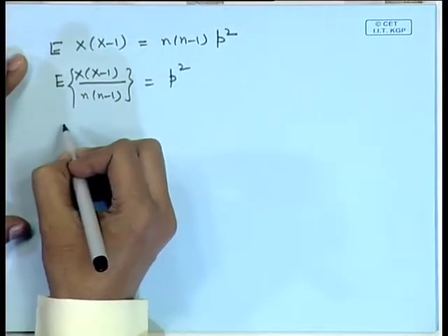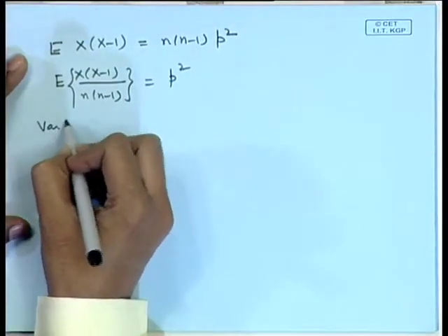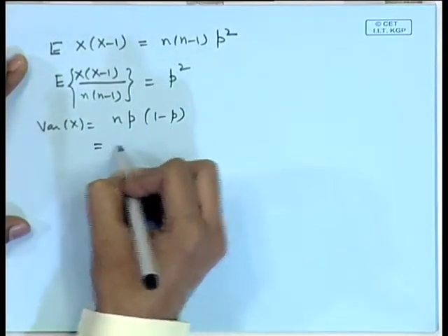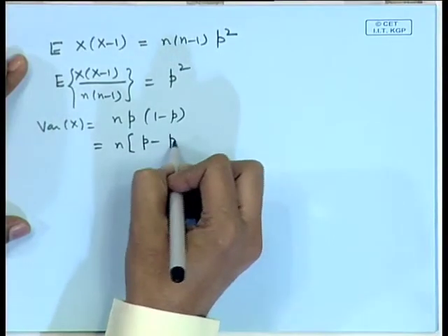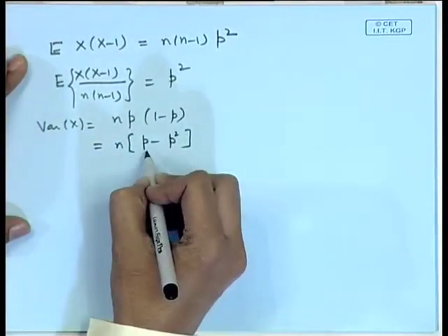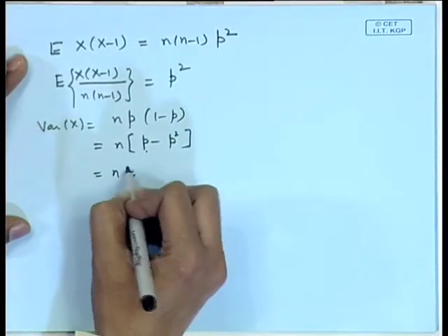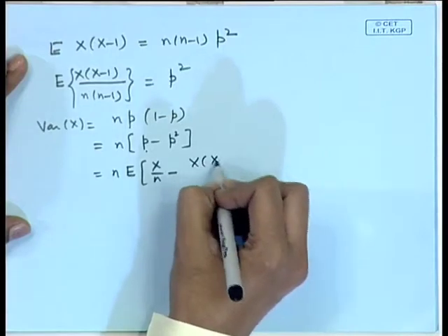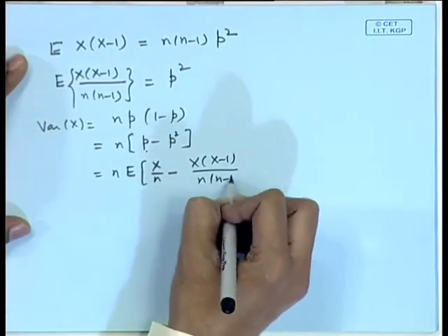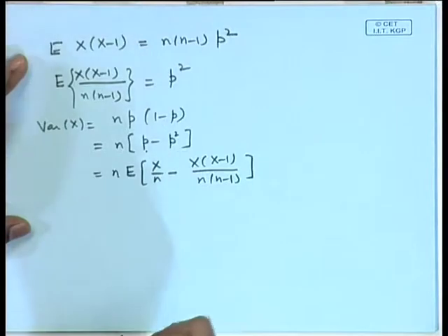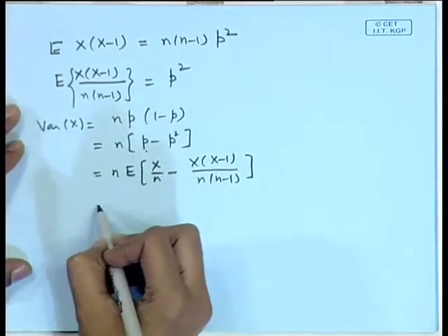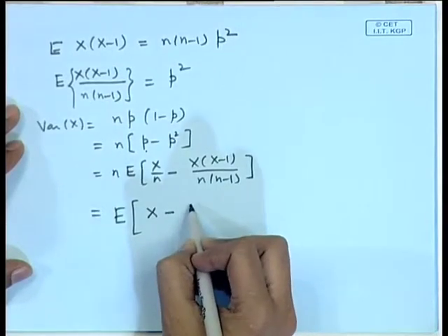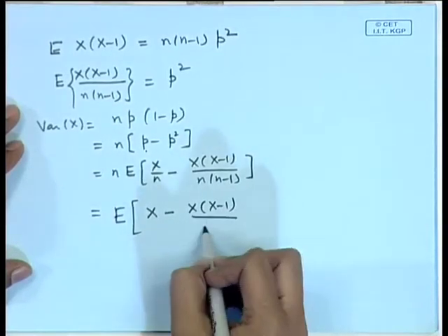Now, suppose I want to estimate the variance, that is n p into 1 minus p. I can write it as n p minus n p square. Now, for p I can write x by n, and for p square I write x into x minus 1 by n into n minus 1, and let me multiply by n here. So, this becomes expectation of x minus x into x minus 1 by n minus 1.